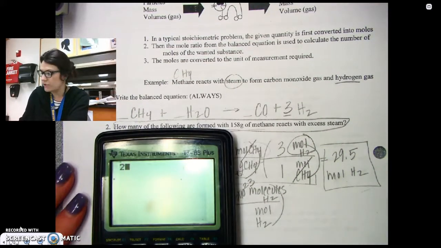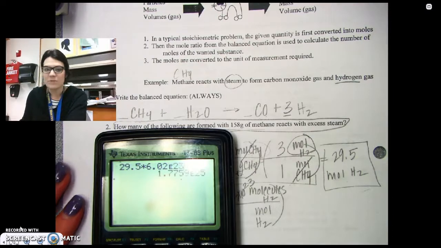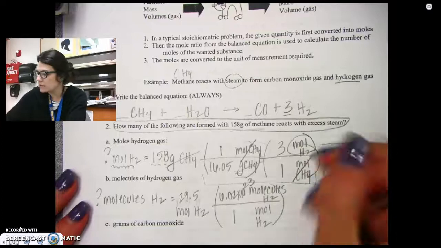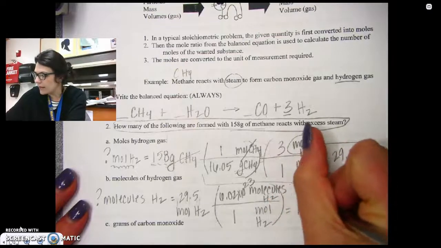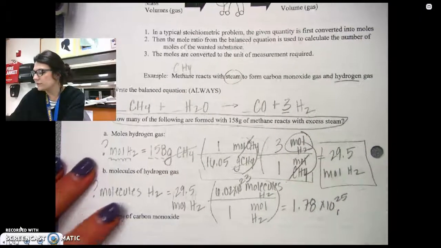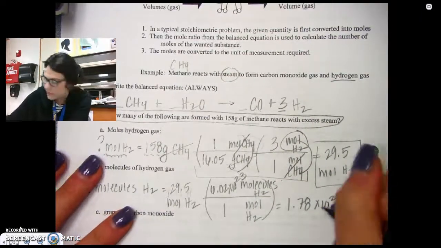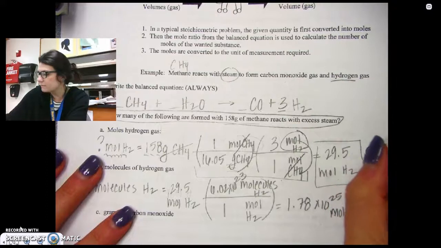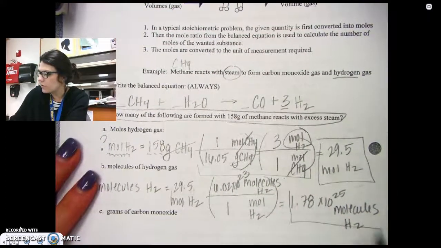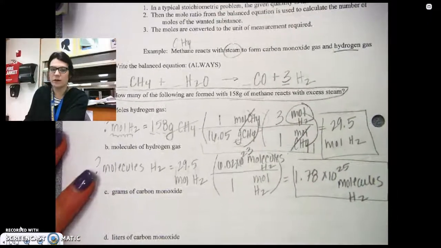So I'm doing my 29.5 times 6.02 times 10 to the 23rd, and I should get, with sig figs, I need 3 of them, 1.78 times 10 to the 25th molecules of H2.